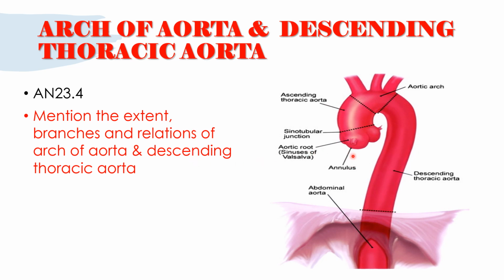that it arises from the aortic orifice of the left ventricle, and it gives two important branches, the coronary arteries, right? So we'll discuss in detail the arch of aorta and descending thoracic aorta.